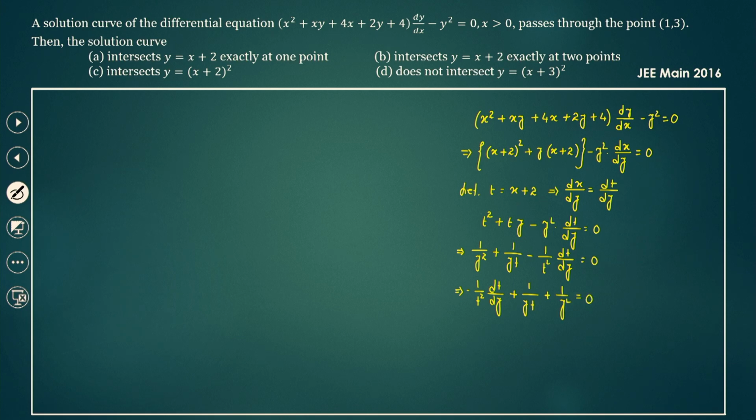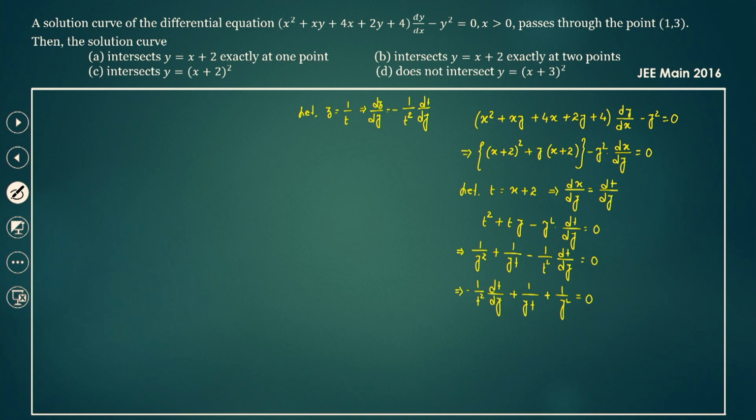Now we take another substitution. Let z equal 1 by t. That implies dz/dy is equal to minus 1 by t squared dt/dy, differentiating with respect to y.